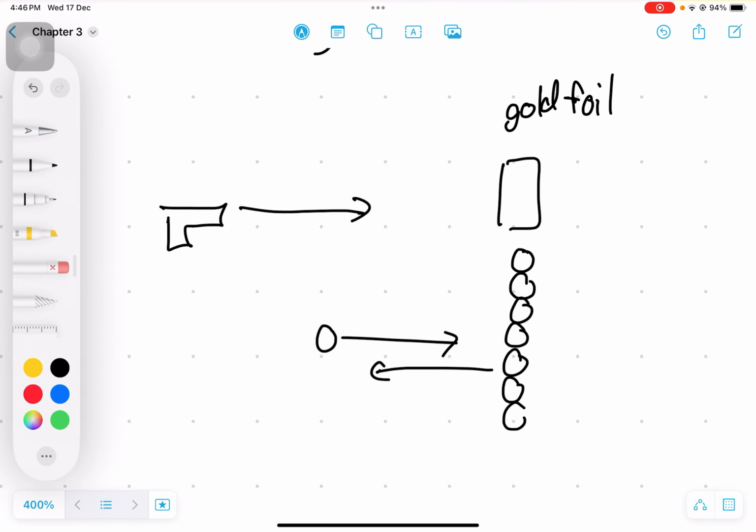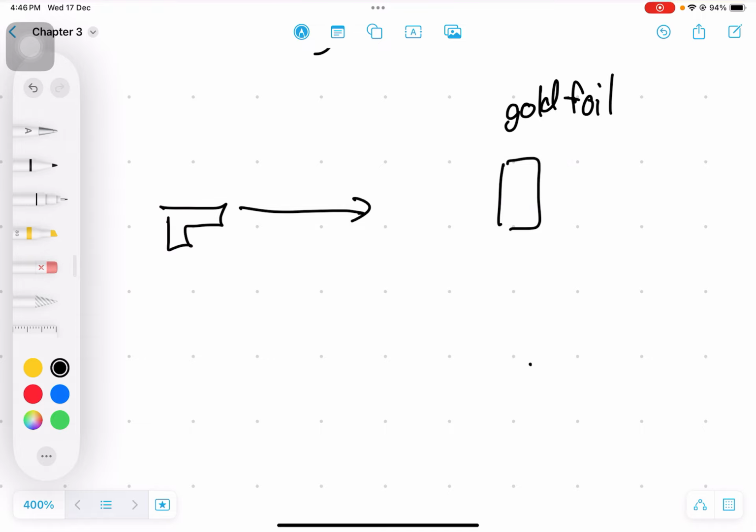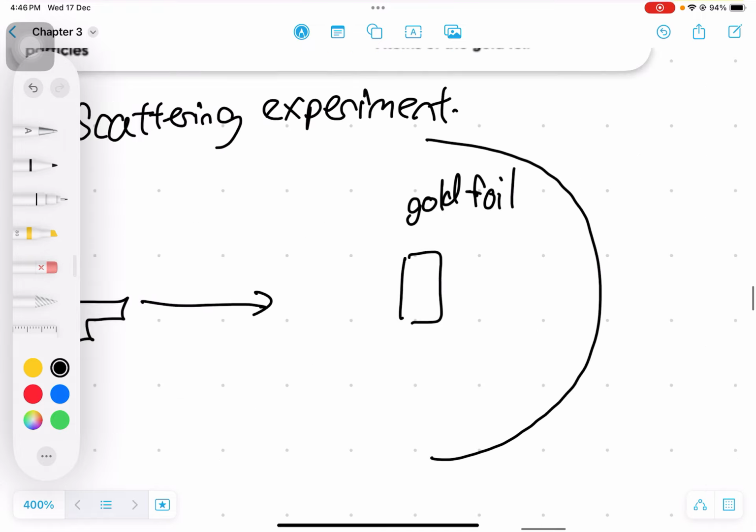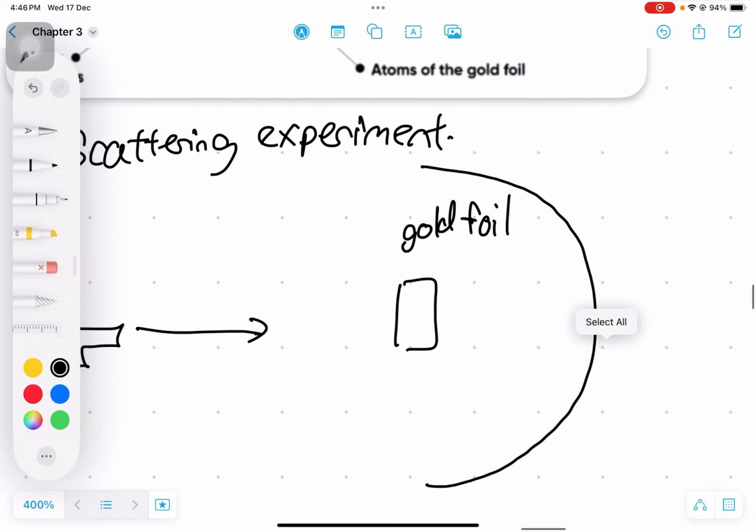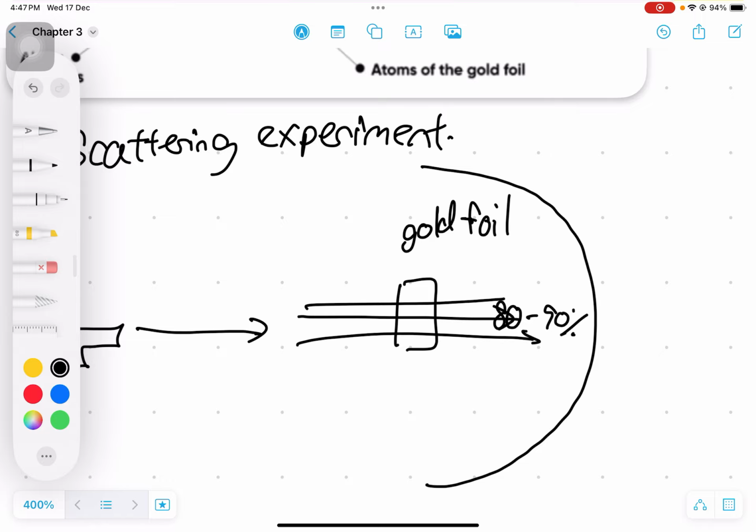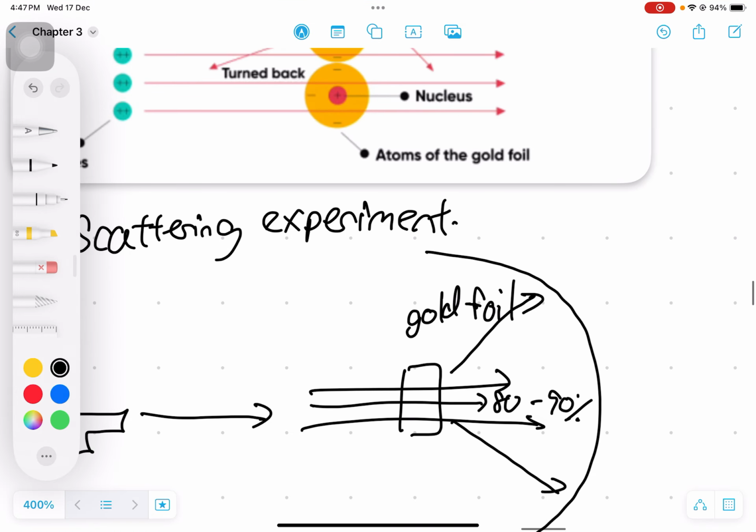But when they started the experiment, they surrounded the foil with a detector, and they found that almost 80 to 90% of the particles pass through. Some deflect over here, but 80 to 90% pass through. So they wondered why, since it should be reflected back.